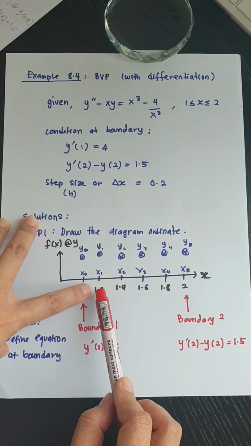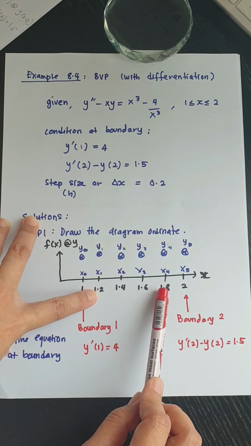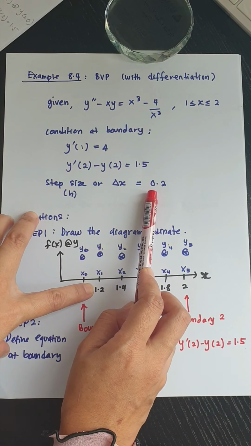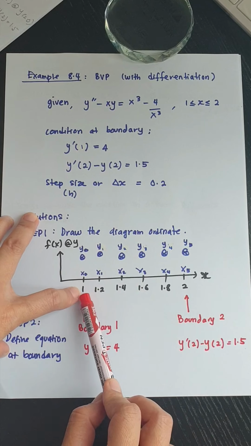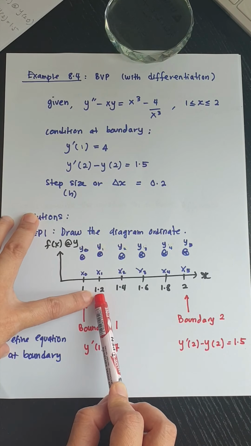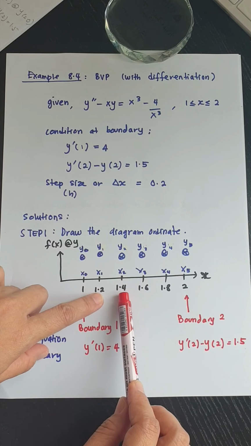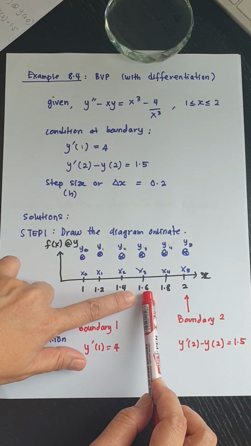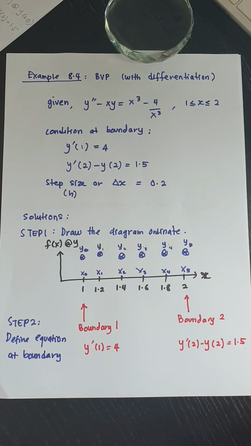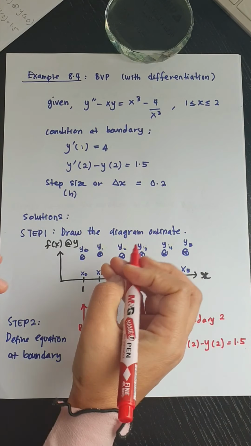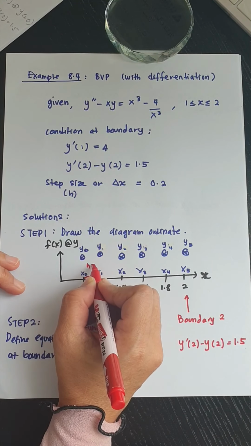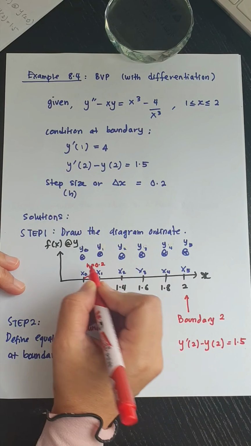Okay, and in between you have a few data points. These have intervals of 0.2, meaning that the second point is 1.2, the third one is 1.4, then 1.6, 1.8, and finally 2.0. So this shows that your step size, or your delta x, is equal to 0.2.